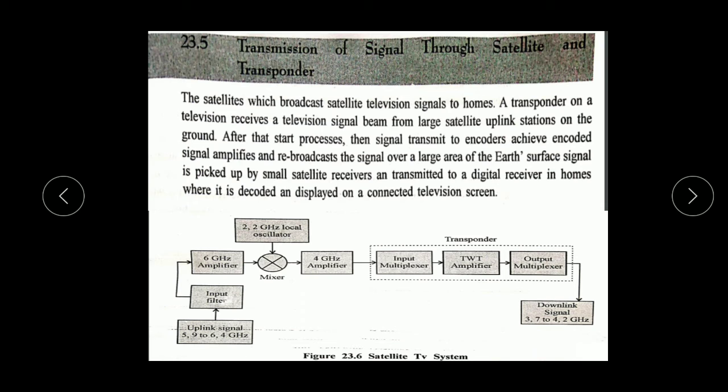A TV receiver has an encoding process. It encodes the particular channels. This is based on packaging. We only select the authorized channels.